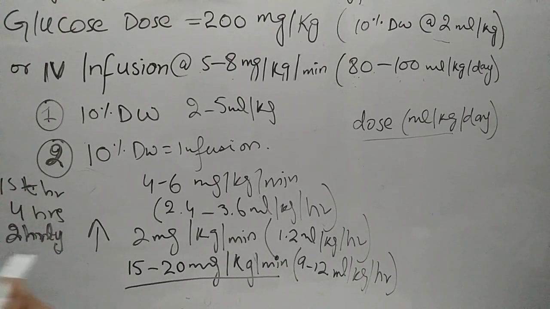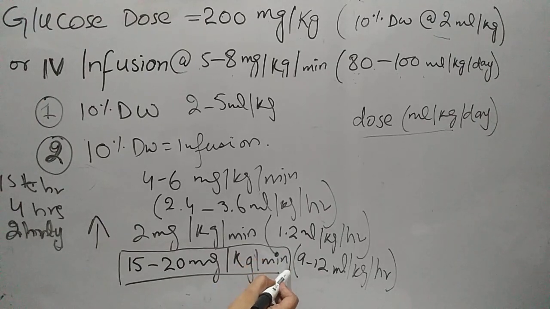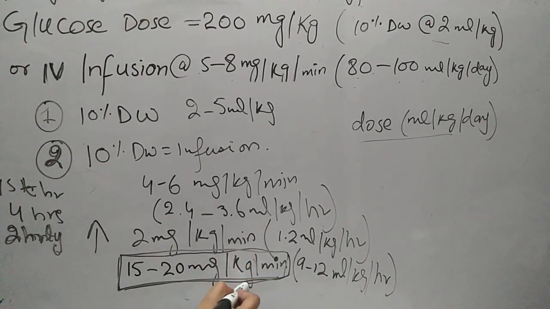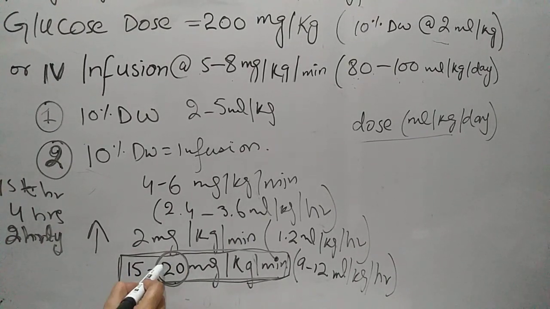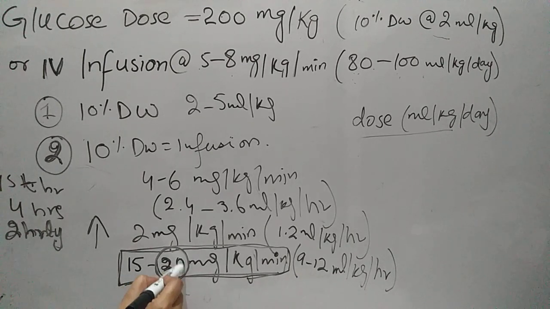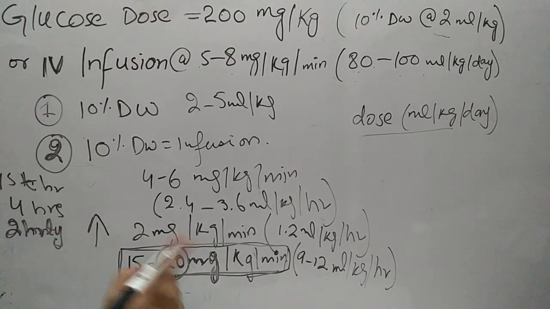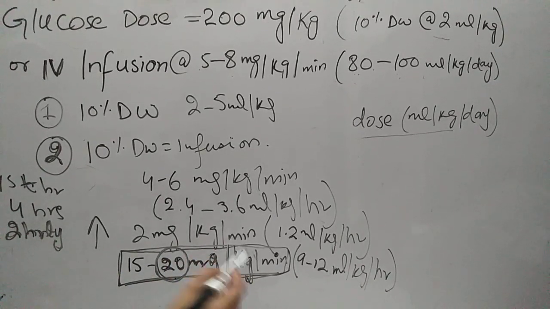But if your patient cannot maintain his blood glucose level at this rate of infusion, meaning the patient becomes refractory to this dose, up to 20 mg per kg per minute, and 2 consecutive readings are not normal, then you will have the third option.